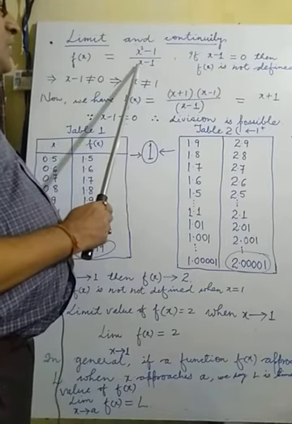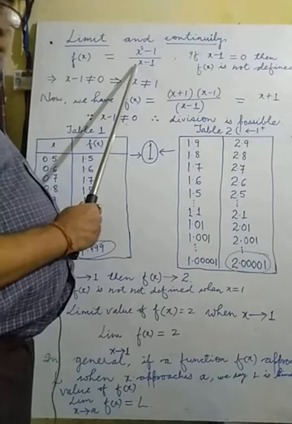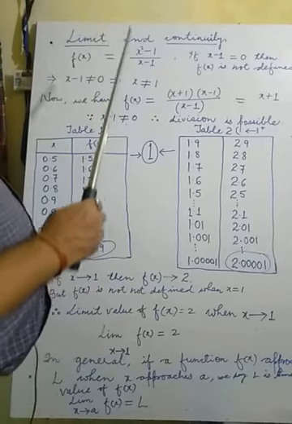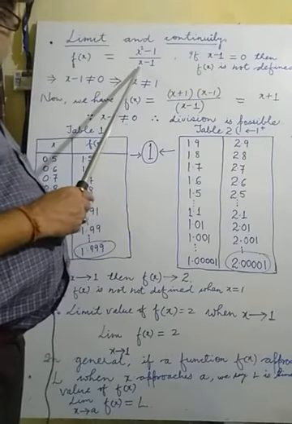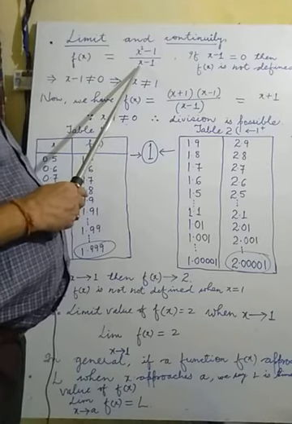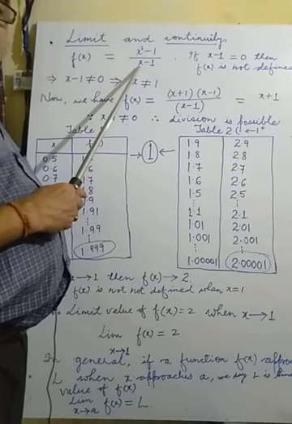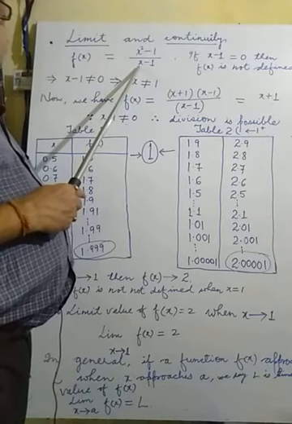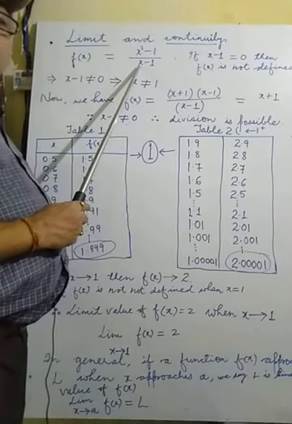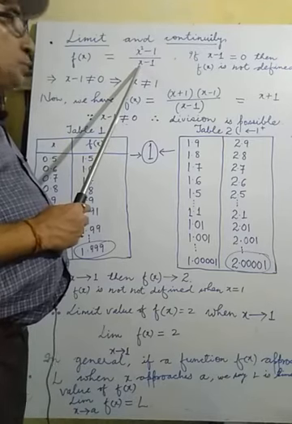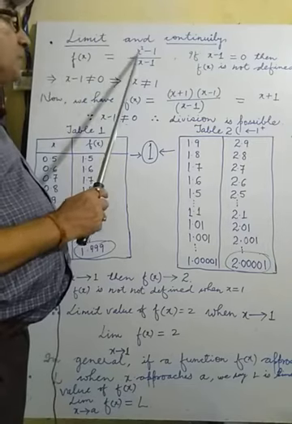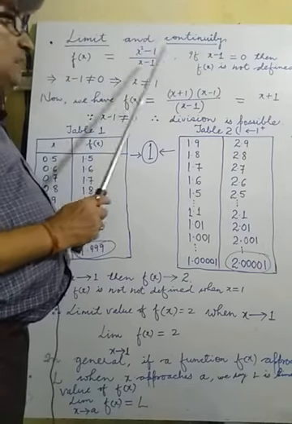If we put x equals 1 here, this function will not be defined. It means the value of x is not taken as 1, it will be taken limited to 1, approaching 1. The value of x will be taken just approaching 1, not exactly 1. You may understand why it is not equal to 1. If you take 1, this function will be undefined, because it is something upon 0, and that will be undefined.